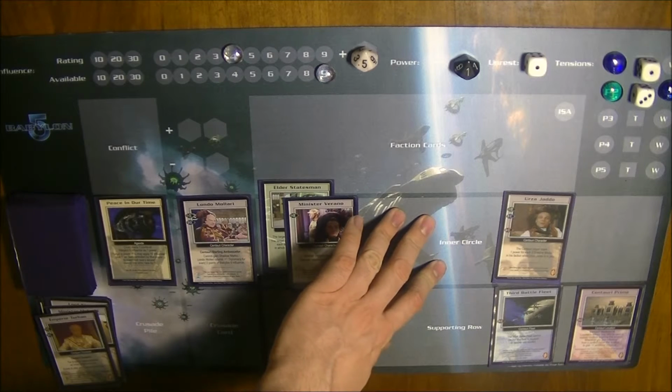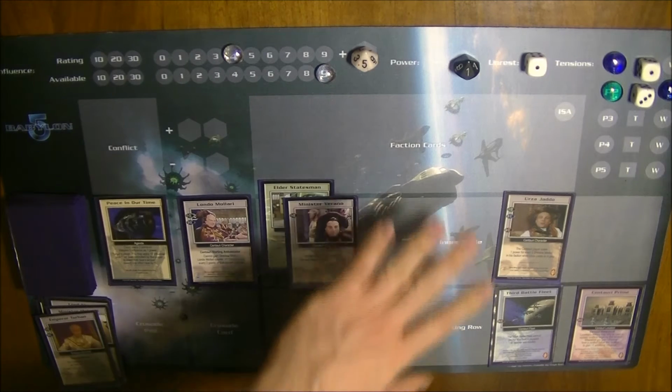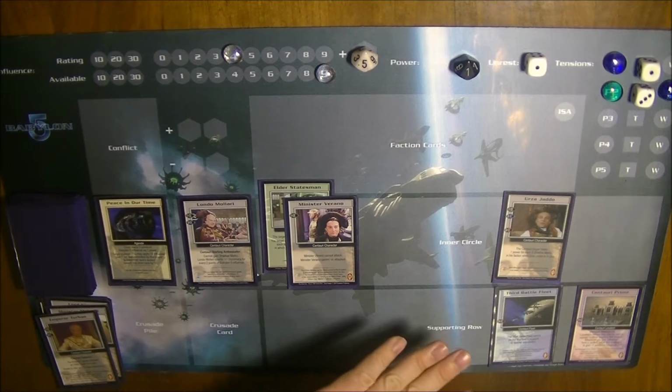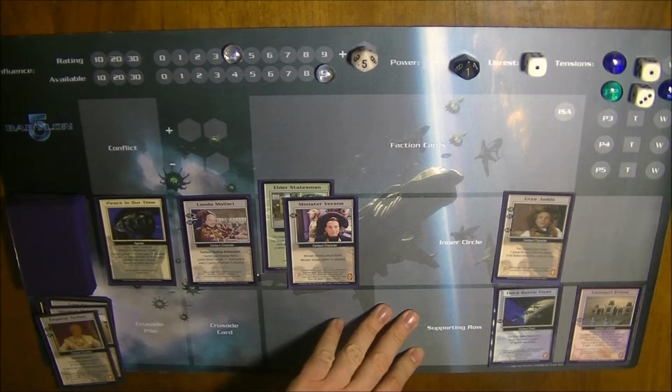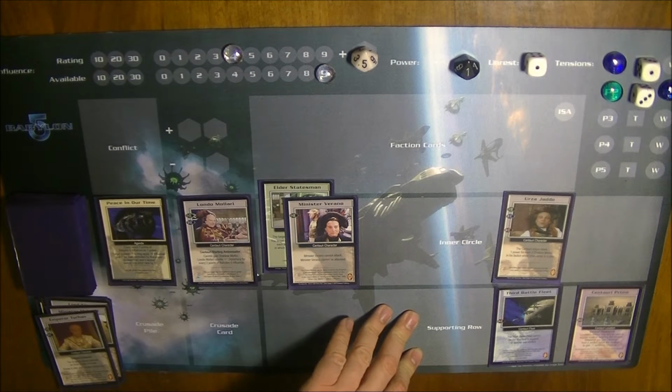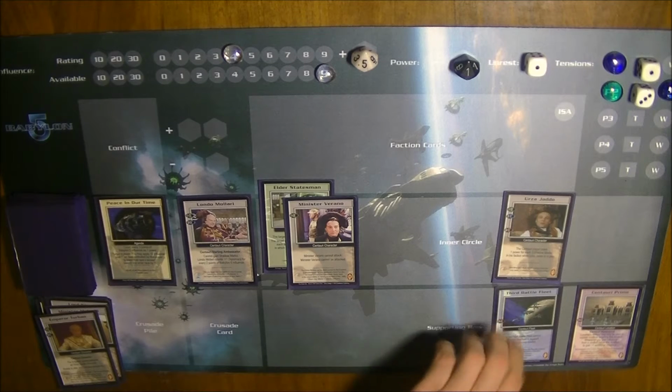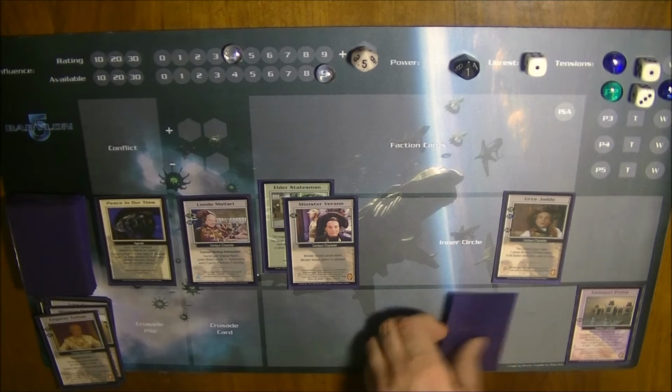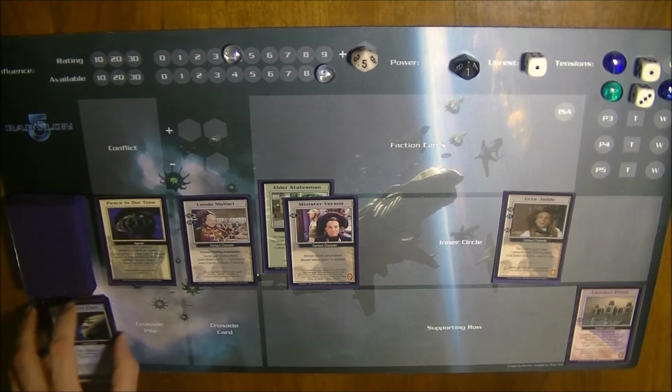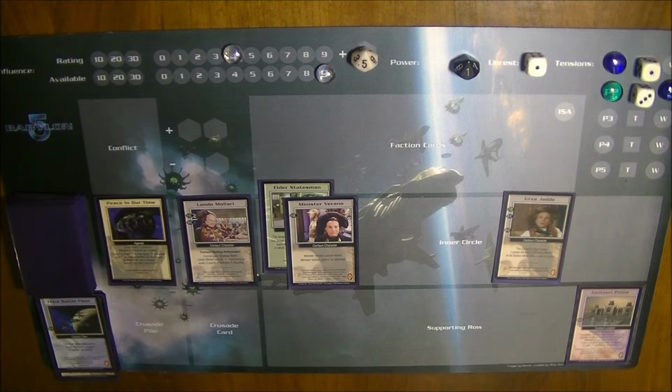Inner circle characters do not leave play but can be healed. Any card in the supporting row which is dealt damage and neutralized, for example a fleet, also leaves play at the end of the round. So these are the main ideas behind those two.